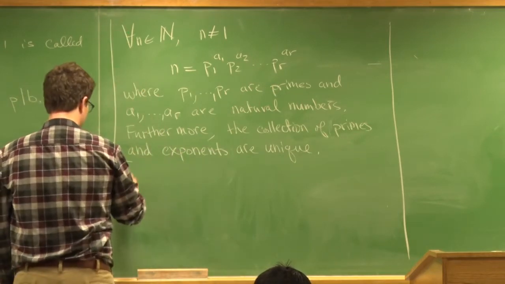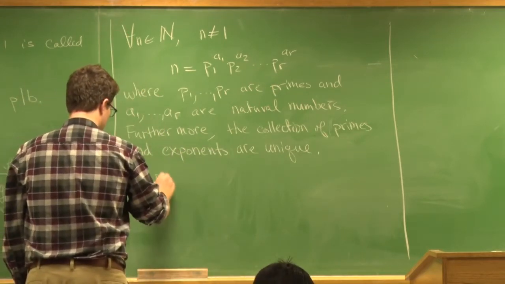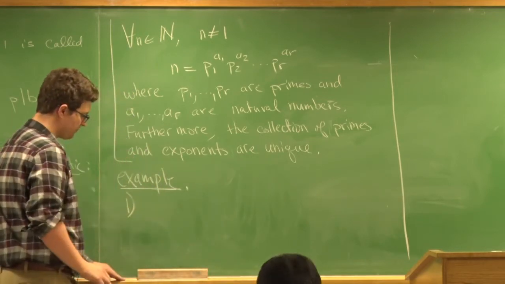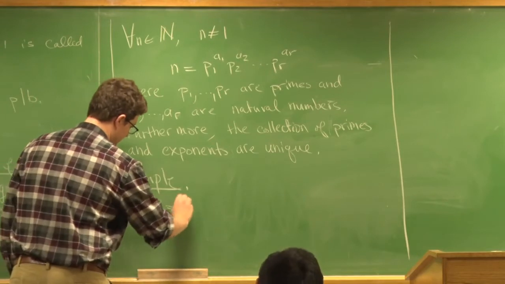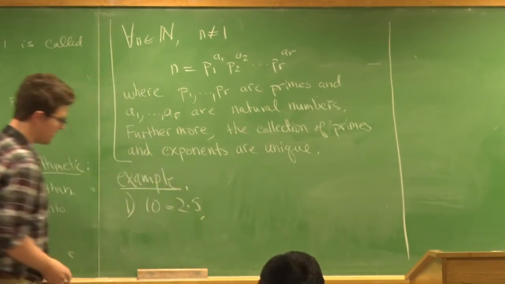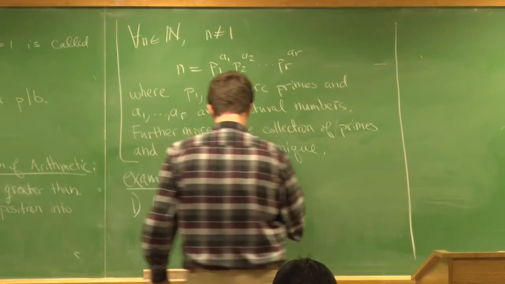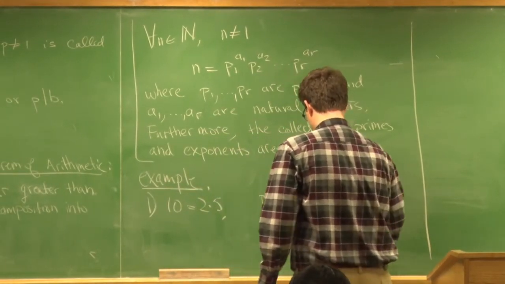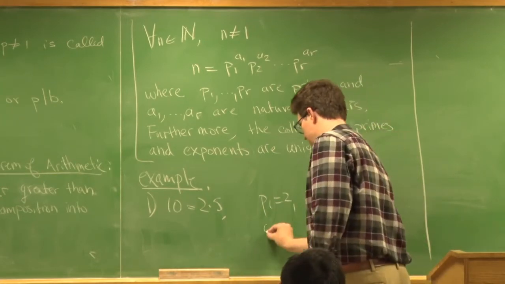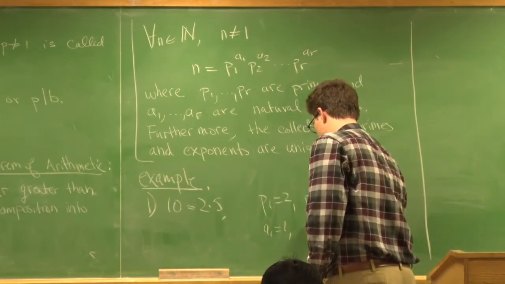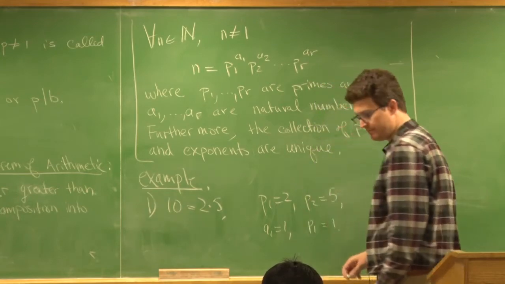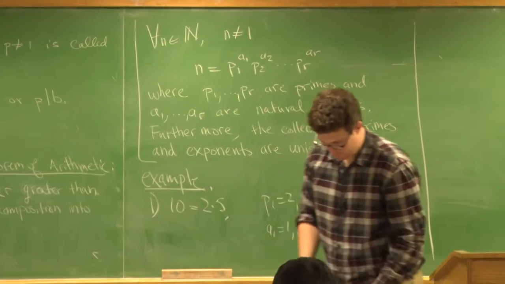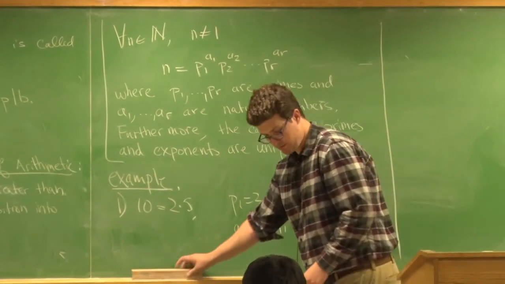Let me give you an example. 10 is equal to 2 times 5. In this example, P1 is 2, P2 is 5, A1 is 1, and A2 is 1.